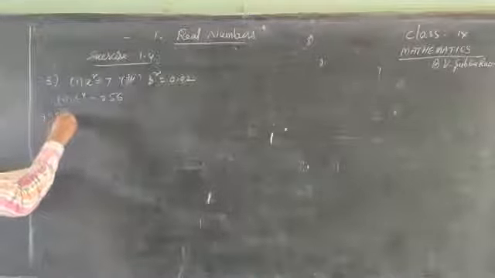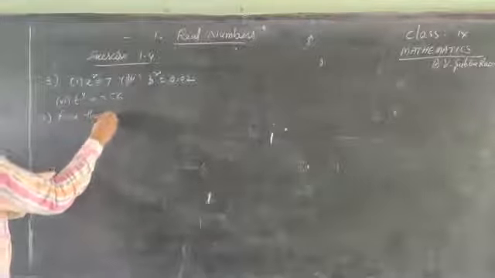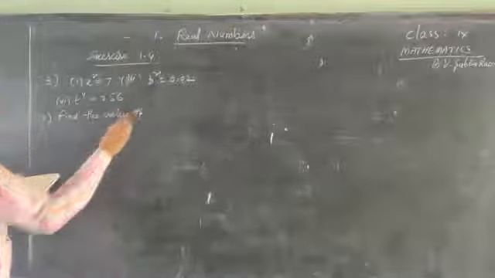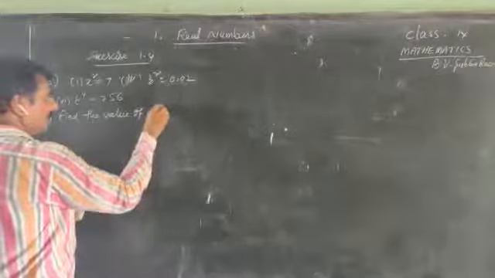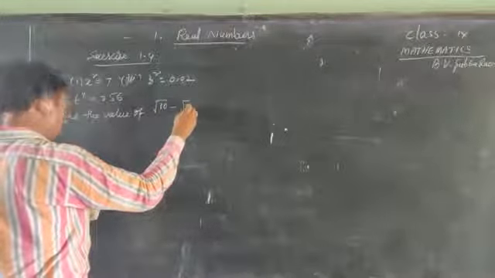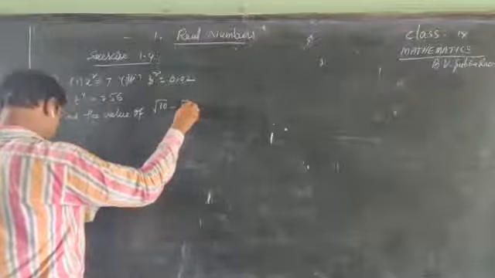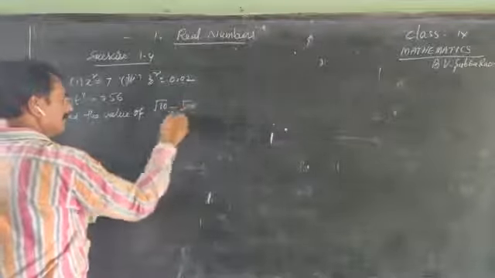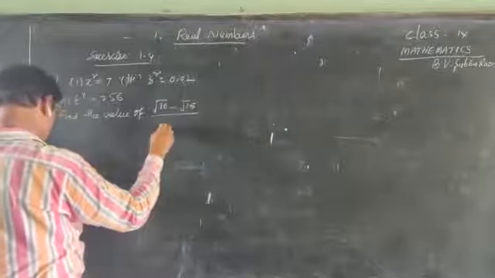Find the value of that means square root minus root 15 by.